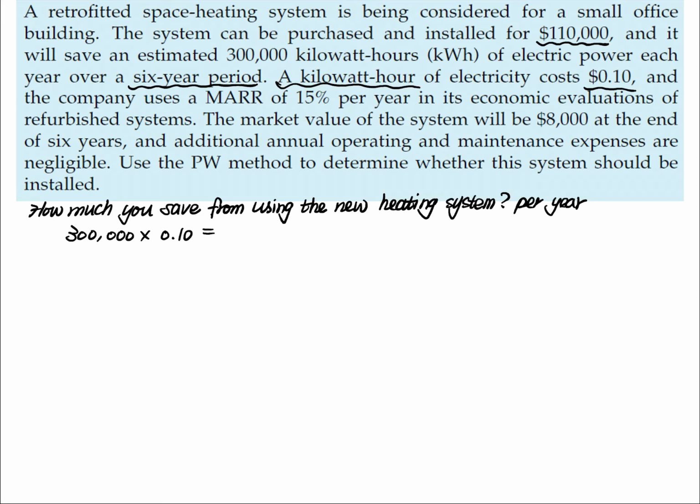Okay. See, this is the cost estimating method we have learned. It's a unit method. Remember that? Although this is saving, it's the same. Okay. So how much you can save every year? It is 30,000.